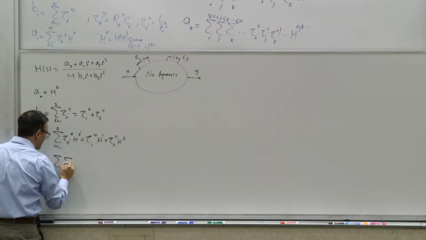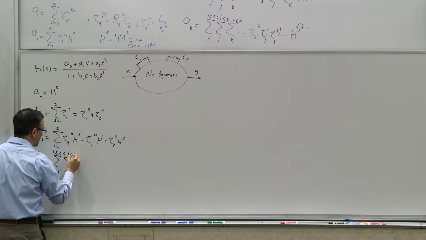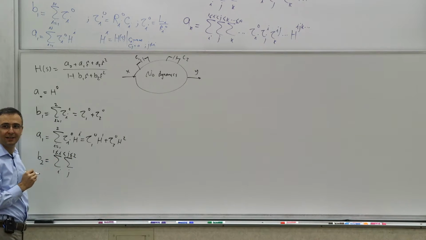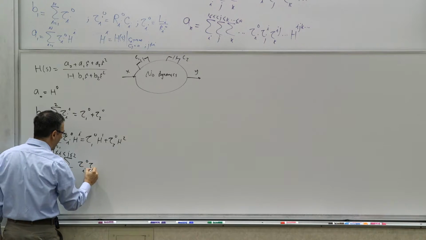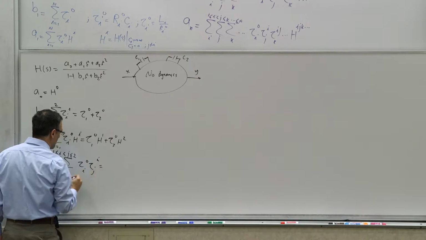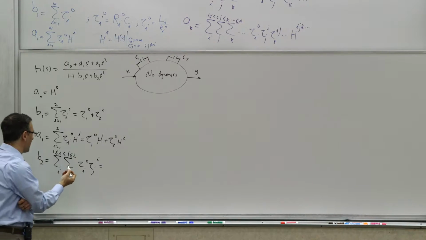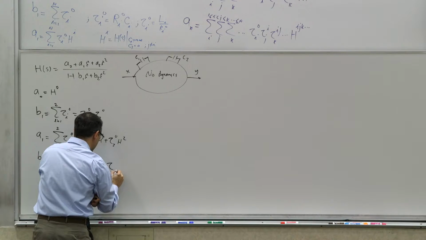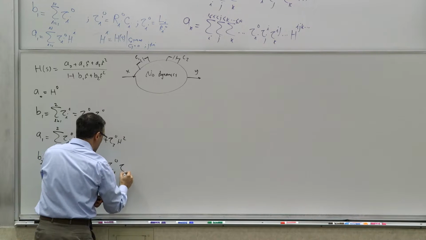The sum is over i greater than or equal to 1, j smaller than or equal to 2. How many terms are there in this sum? Just one. It looks like a big thing, but it's really just one term. It's tau 10, tau 21.